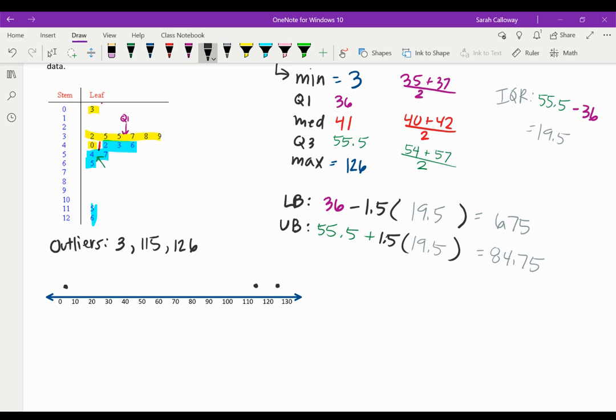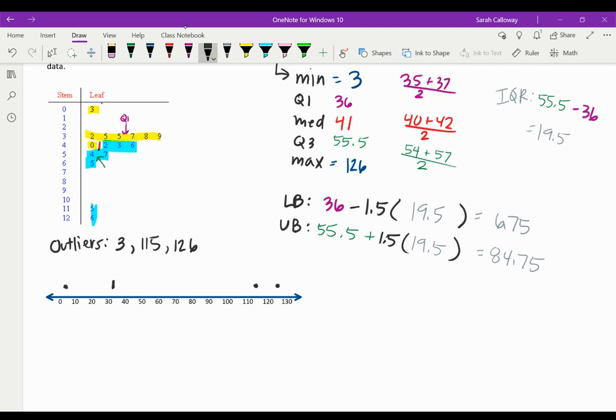Because 3 was part of the 5-number summary, it would be on my stem and leaf, but now I have to go to the next smallest number. So 32 is actually my minimum. I'm going to draw a line so I know that's part of my stem and leaf plot.